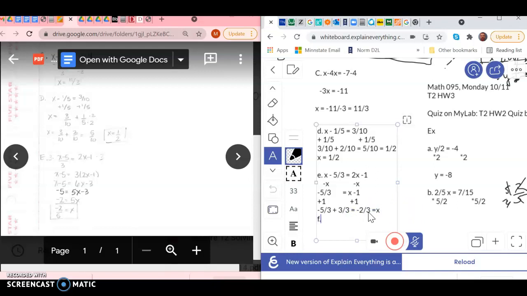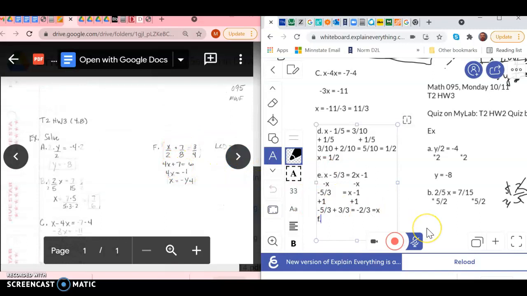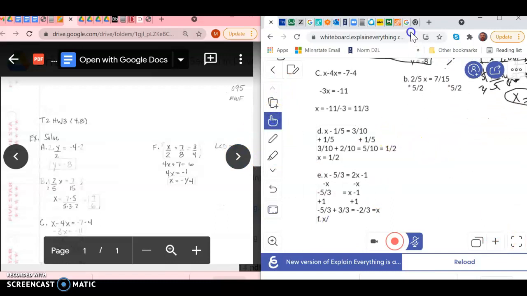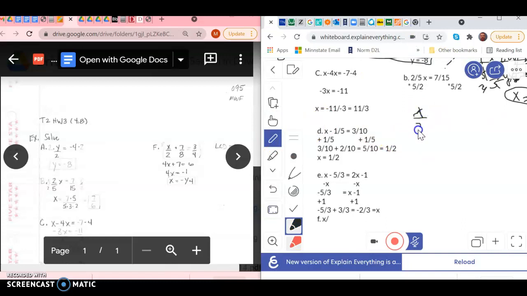And then F, it's our last example. We have x divided by 2 plus 7/8 equals 3/4. I'll write this one out. There's a few ways you can go about solving this. The one that I've taught the most is to get it so that all fractions have a common denominator. So you could think of the first one as x over 2.